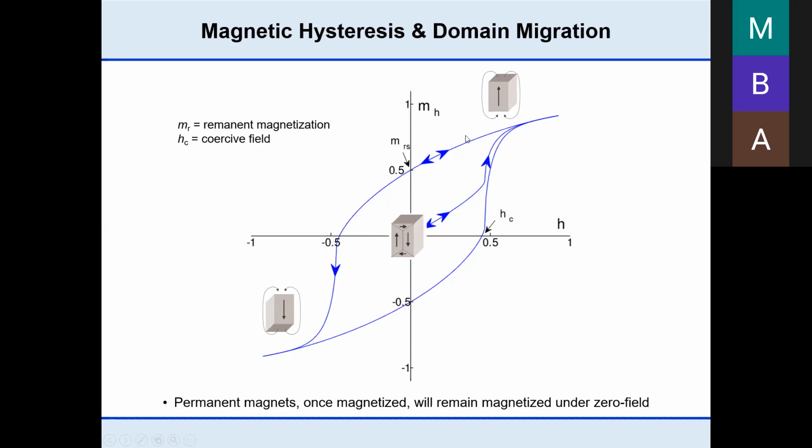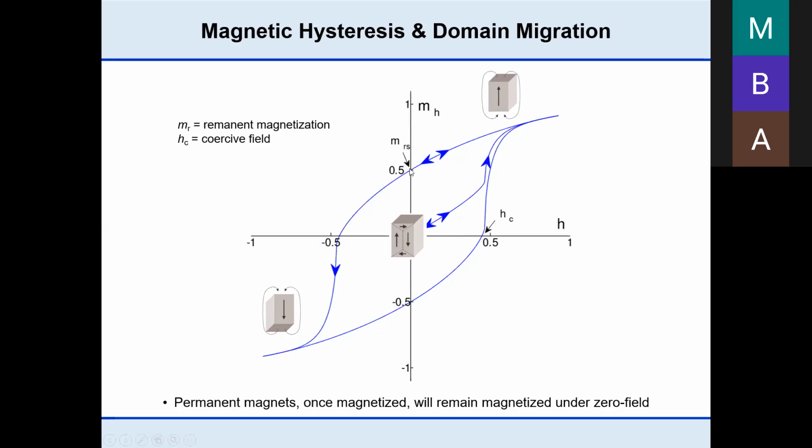And then when we sweep backwards, usually we will lose some amount of our magnetization, but we won't lose all of it, because the domains can't actually migrate to fully reform this zero magnetization configuration shown here.